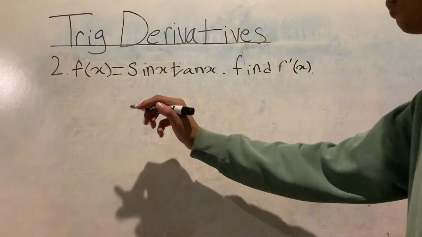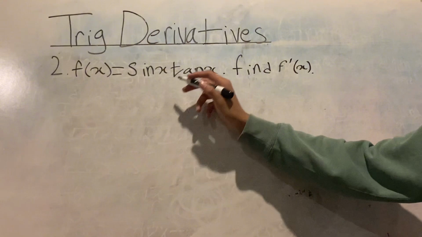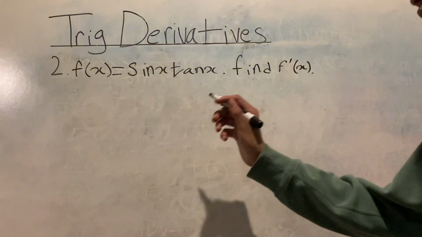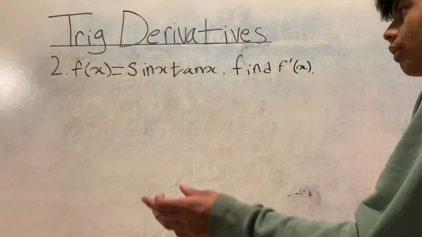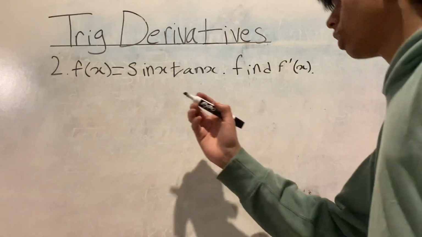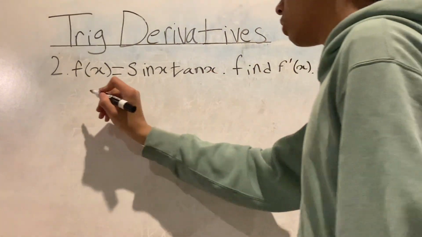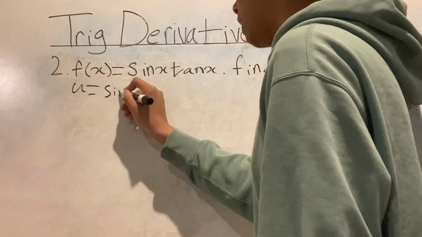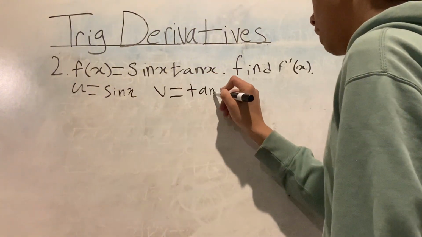Okay, our second problem we have is f of x equals sine x times tan x, and find f prime of x. So here we see that it's sine x multiplied by tan x. So one function multiplied by another, which should remind you of the product rule. So let's use the product rule to solve this. So let's just say u equals sine x and v equals tan x.